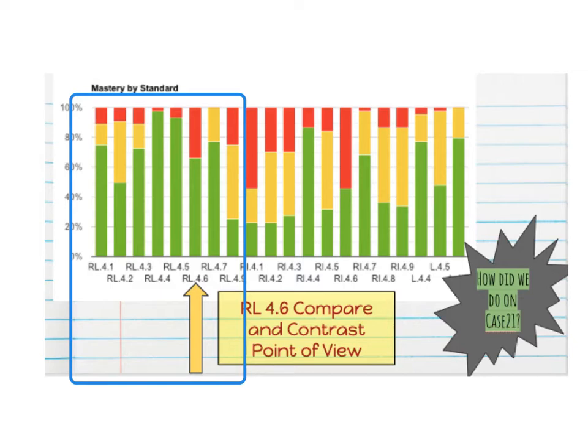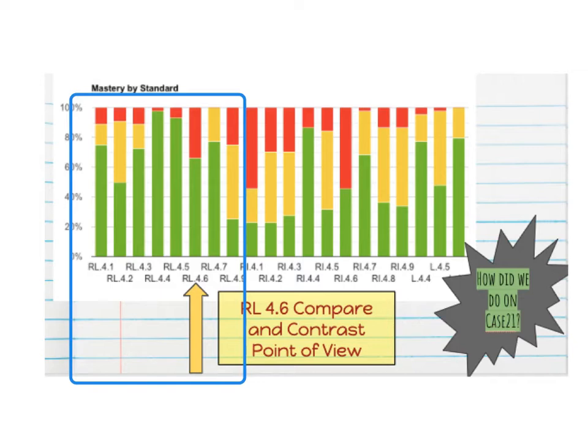All of these are RL standards. And if you look across just in that blue box for RL, you're going to notice that this was the weakest RL standard for us. And since it was the weakest for RL, we want to spend some time thinking about it. We want to spend some time looking at it.